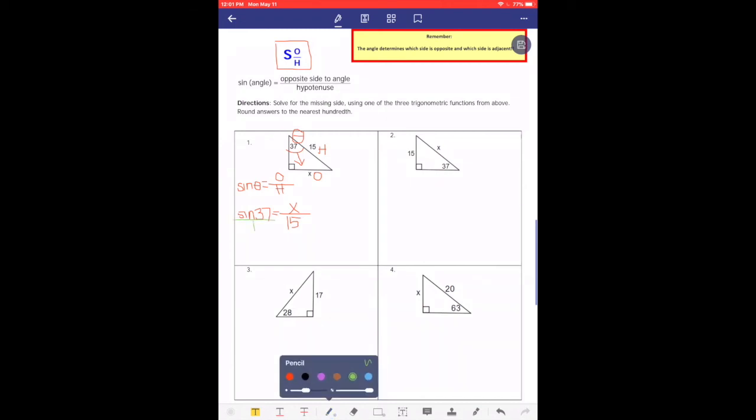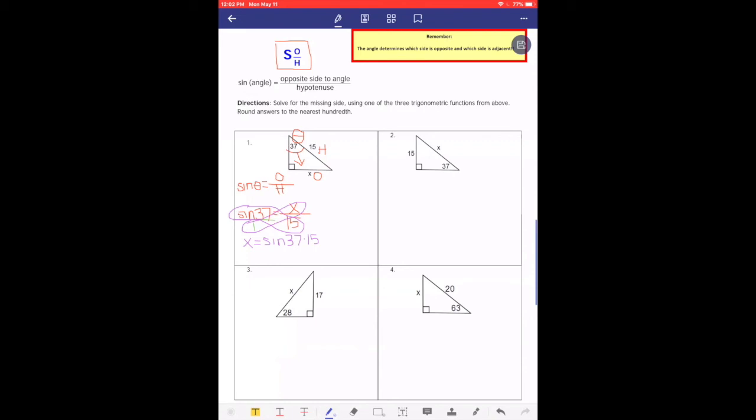So I would multiply 1 times x. When you multiply 1 times x, it would just be 1x, or x by itself, equals, now I'm going to do sine 37 times 15. X equals sine 37 times 15.